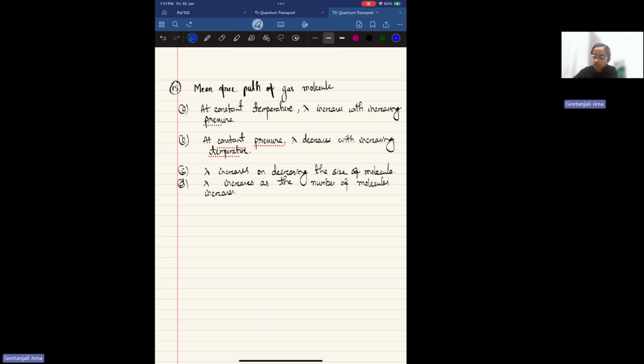So for a gas molecule, we can write the mean free path as 1 by root 2 pi d square n prime, where d is the molecular diameter and n prime is the number density.